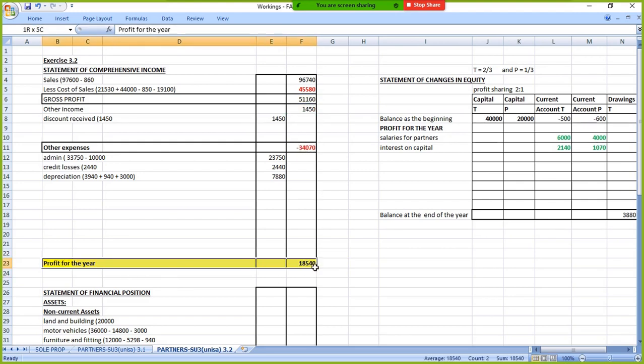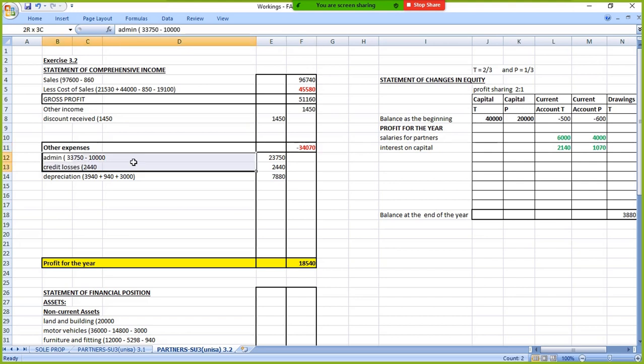So profit for the year, in terms of what this business has, is 18,540, because we had the gross profit plus the other income minus the other expenses.